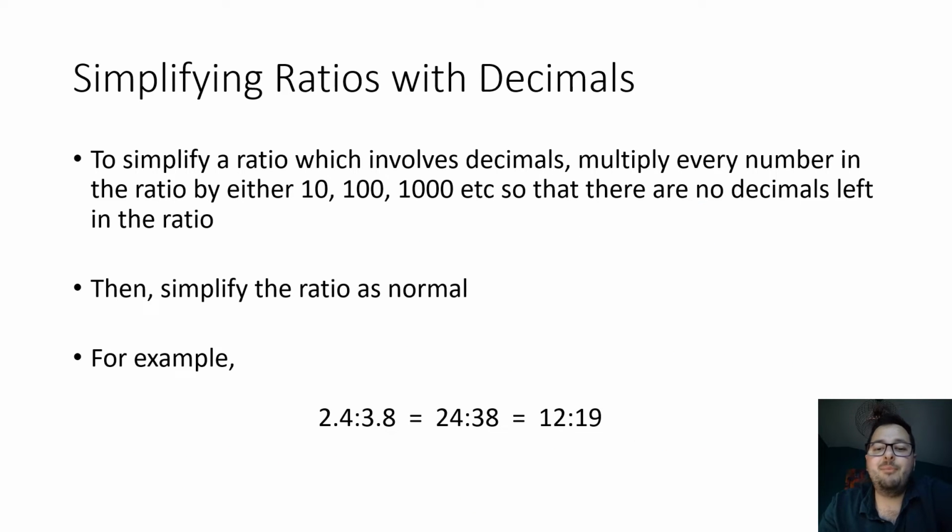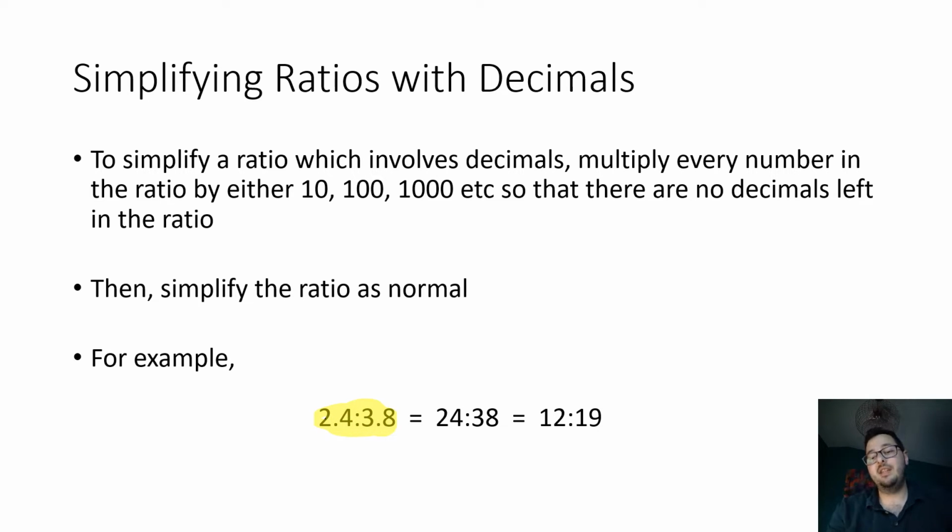Next, we want to look at simplifying ratios with decimals. So first of all, you just want to get rid of the decimal, and you can do that by scaling up. We'll do another video on scaling up separately. But basically, you can times everything in the ratio by either 10, 100, 1,000, whatever's going to make sure that there's no decimals left. So for example, here we've got 2.4 to 3.8.